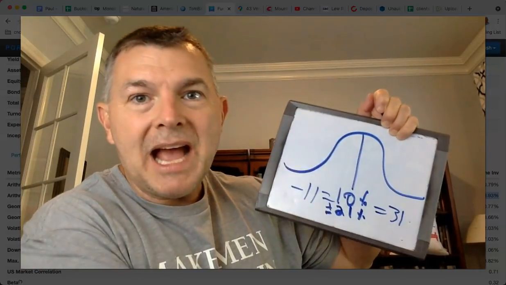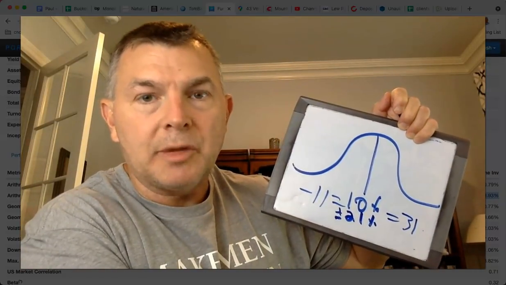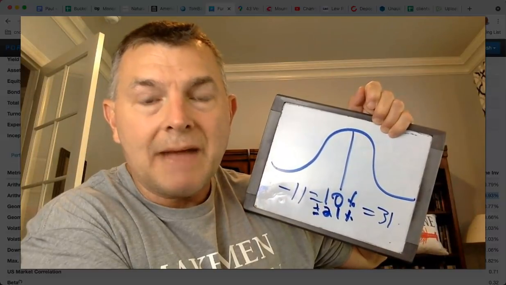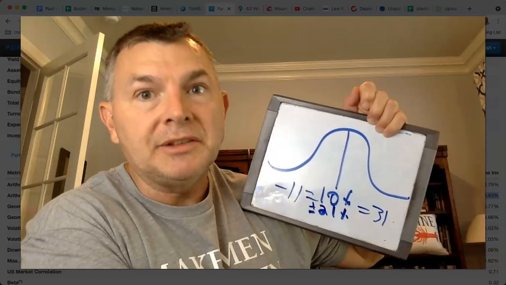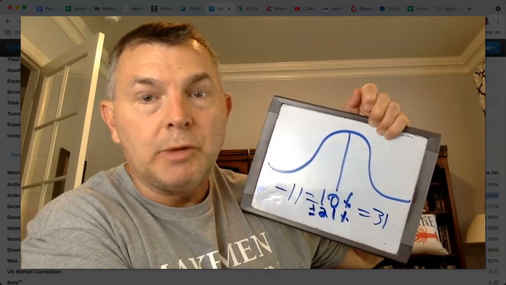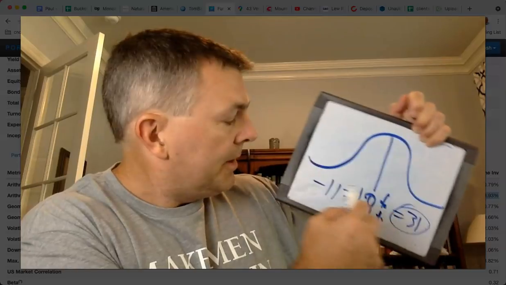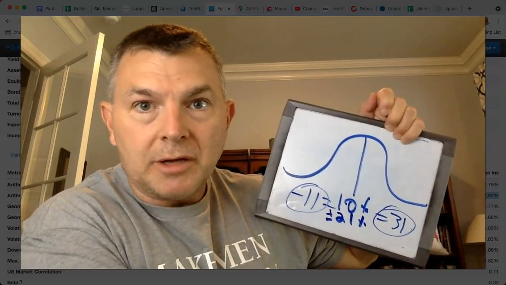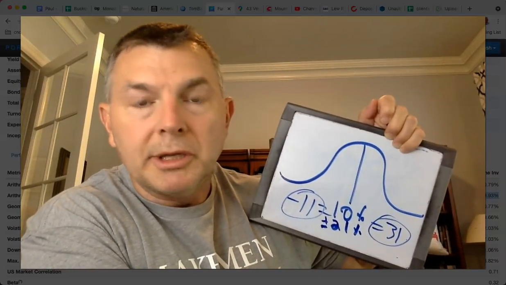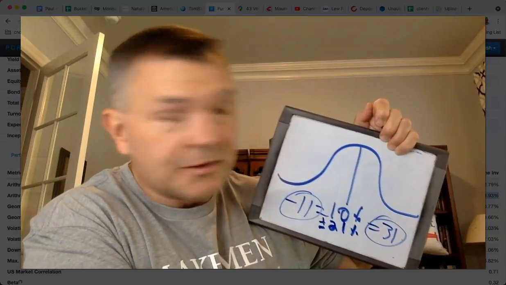So 99.8% of the time, given Wellesley's historic average rate of return and historic standard deviation, we would expect Wellesley to give us no more than 31% on the up and no less than 11% on the down. On the down is all we really care about, the value at risk. Which is almost exactly what happened in 2008. It was down 9.98 or 9.88%.